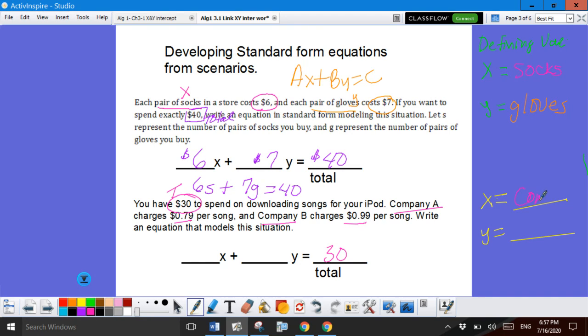So the X is going to be company A, the Y is going to be company B. The first number, the 0.79, goes with the X. The 0.99 goes with the Y, and I have $30. So coming up with the equations is really simple. Whatever comes first is X, whatever comes next is Y, and then we have a total.